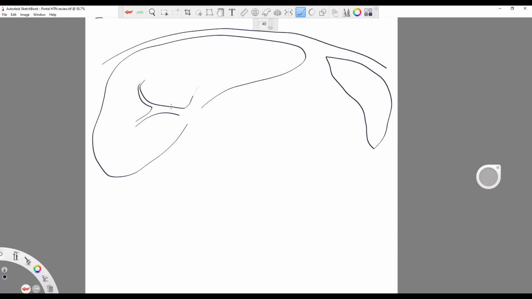And then I'm going to try drawing the left portal vein. In reality, the little man is upside down. But we usually see it the other way, so just keep that in mind.